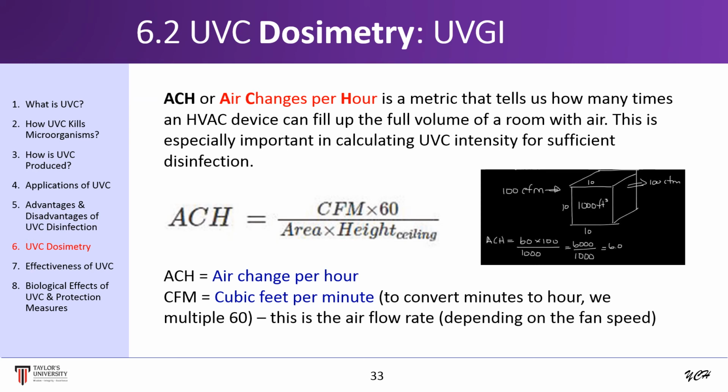So this is the formula: ACH equals CFM multiplied by 60, divided by the area and the height of the ceiling. ACH is air changes per hour, CFM is cubic feet per minute, and to convert minutes to hours, we multiply by 60. This is the airflow rate, and it depends on the fan speed.